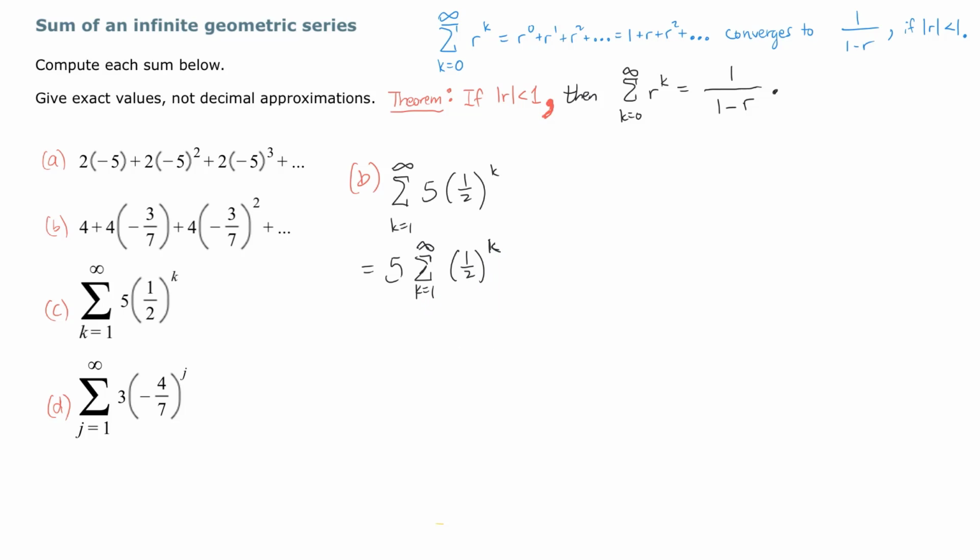So we're going to re-index everything here. I'm going to show this off to the side. We're going to replace k with k minus 1. Yeah, that's going to do it. So if you replace k with k minus 1, what happens to this equation here?